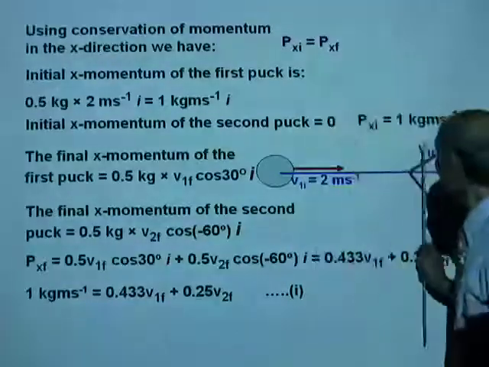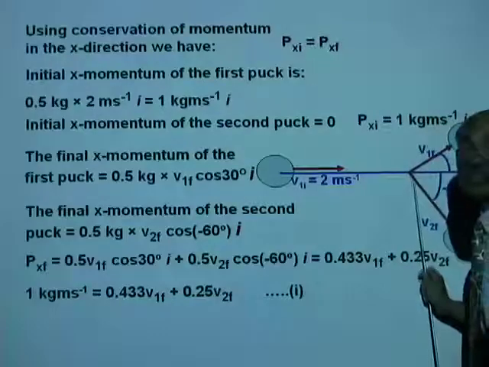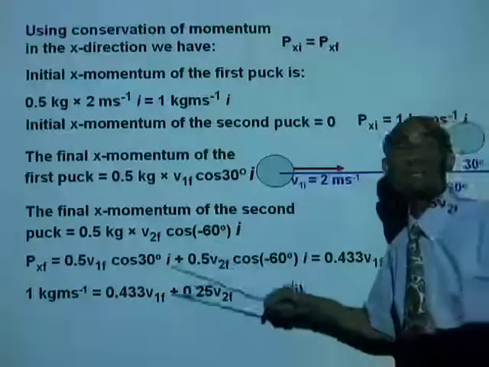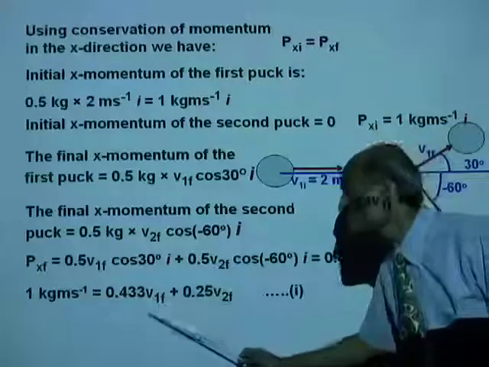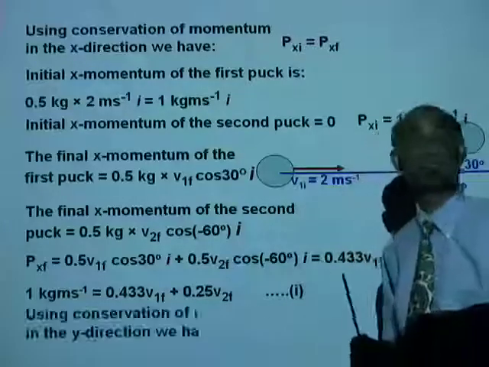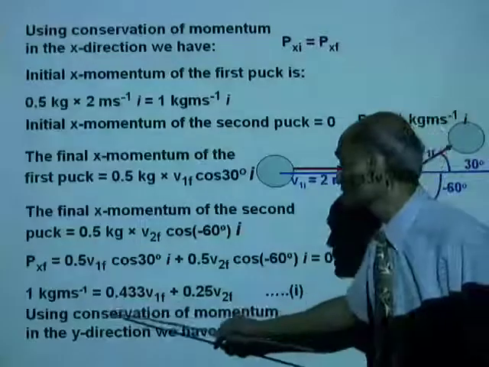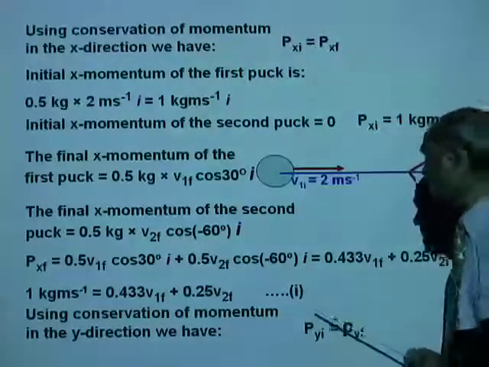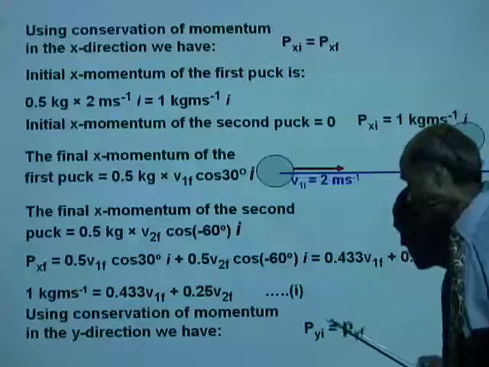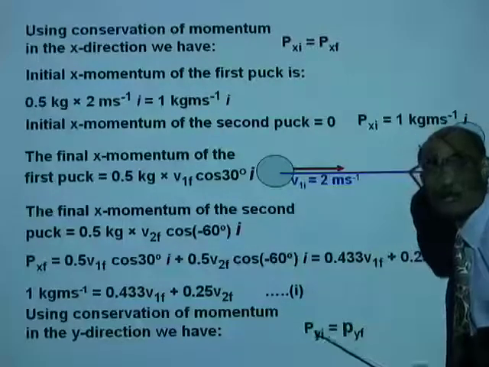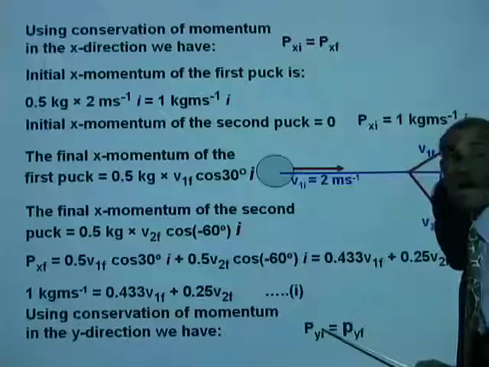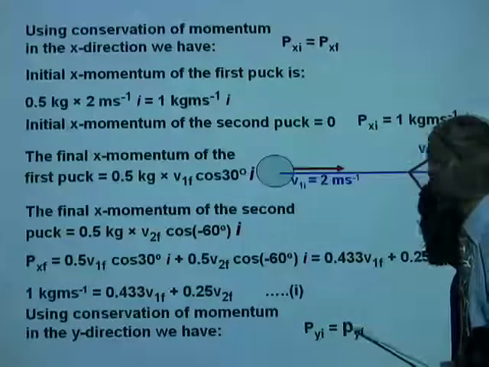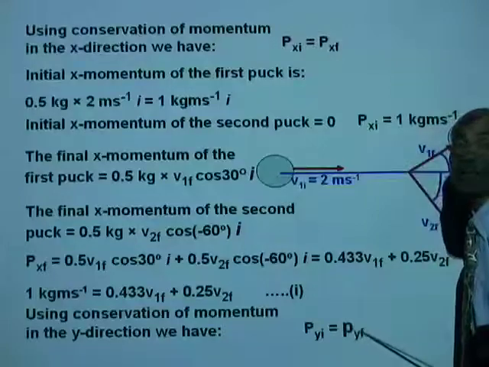In the same way, we can now take the conservation of momentum in the y direction to obtain a second equation consisting of V1F and V2F. So using conservation of momentum in the y direction, the initial momentum in the y direction, PYI, must be equal to the final y momentum, PYF.